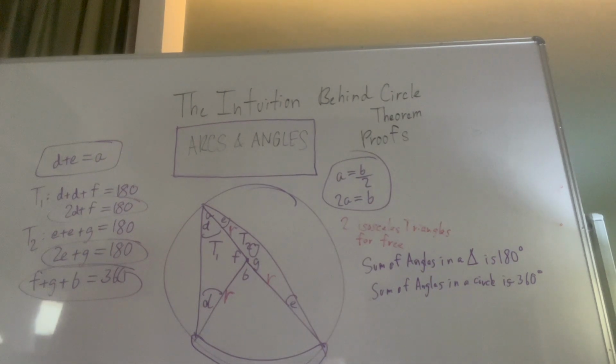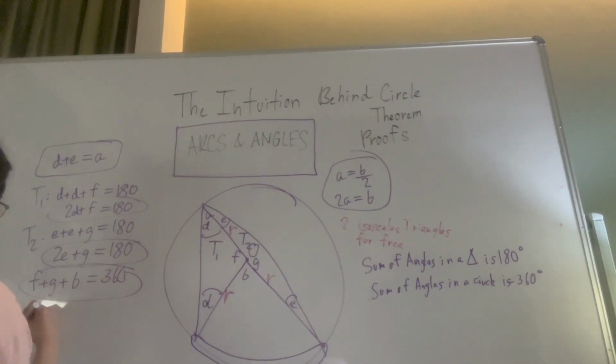So I'm going to... yeah, this is what I'm going to do. I'm going to add these two equations together because 180 and 180 give me 360. I can therefore combine it by adding these parts of the left-hand side of the equation together. I can state that it equals these three angles, F, G, and B, added together.